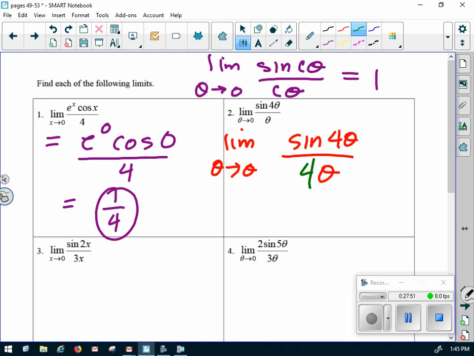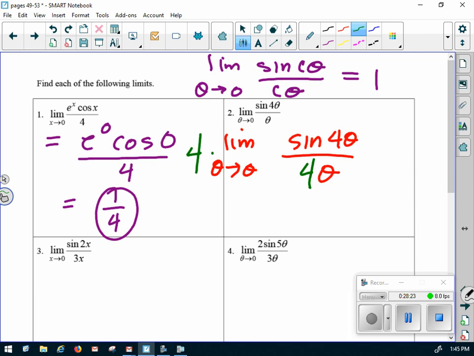But look what I did. I just multiplied this by 1/4 because that 4 is in the denominator. I can't just multiply by a 4th. I can only multiply by 1. I offset multiplying a 4 by a 4th with multiplying by... what do you multiply a 4th by to get 1? So watch this. I just multiplied that limit by 1. Question?